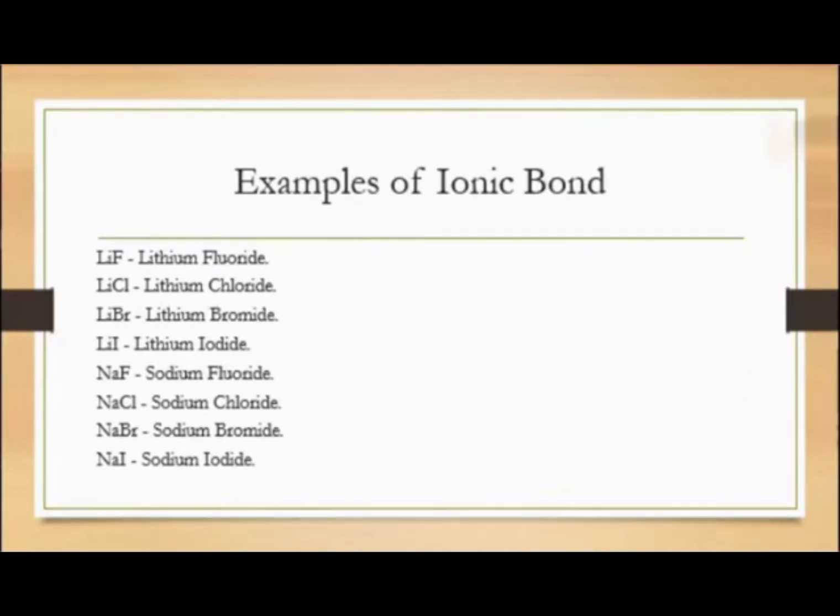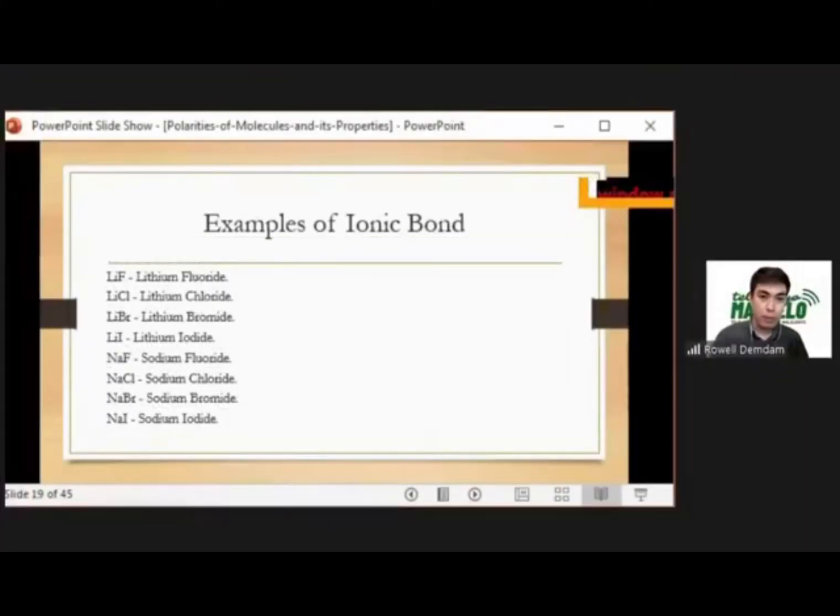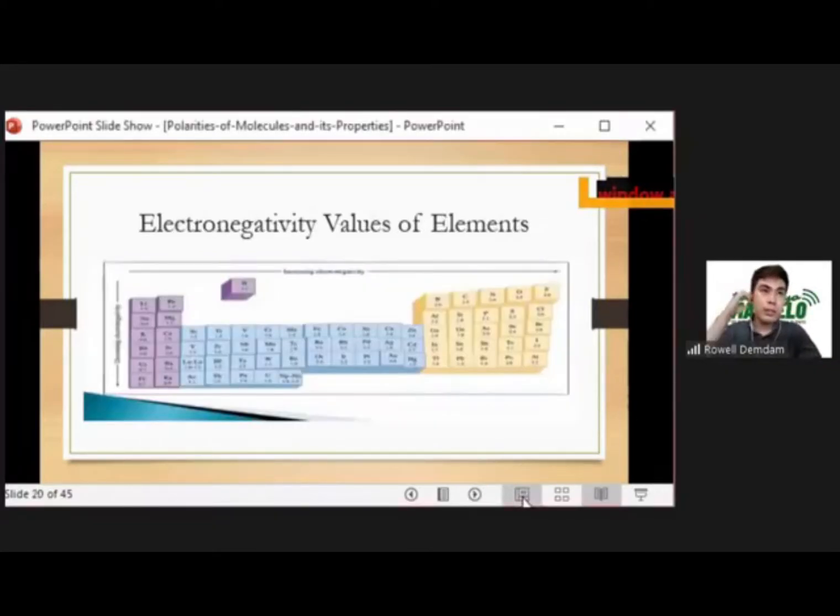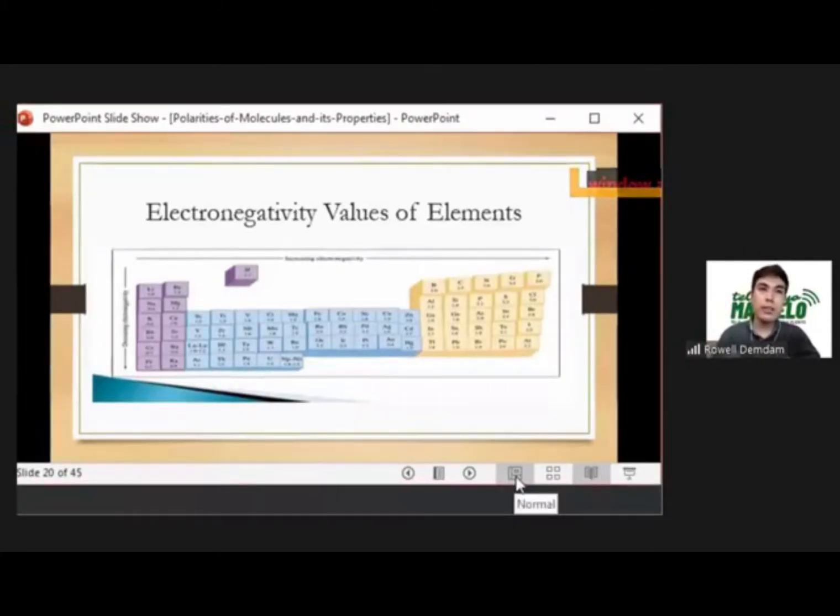Okay. Now, let's proceed to electronegativity. What's the connection of electronegativity to the polarity of bonds? So, first, what is electronegativity? Electronegativity is a measure of the tendency of an atom to attract electrons toward itself.